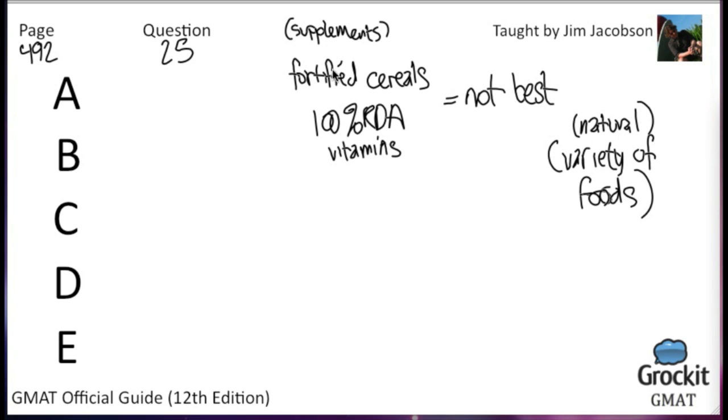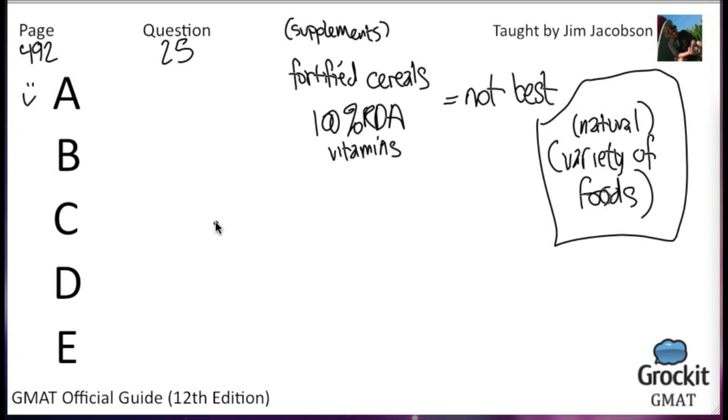So even though 100% of the recommended daily requirement is added to these cereals, the way that they're set up in the food material is not best usable by the body, whereas with the variety of foods, the way the vitamins and other nutrients interact, your body gets more use out of it. So that would be a reason why the variety of natural foods might be better than, and would support the argument that the variety of natural foods would be better than, the fortified cereals. So A is pretty good.